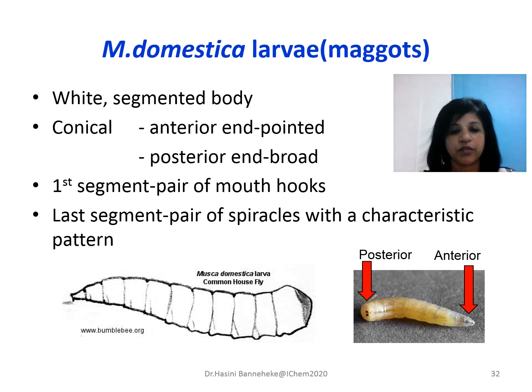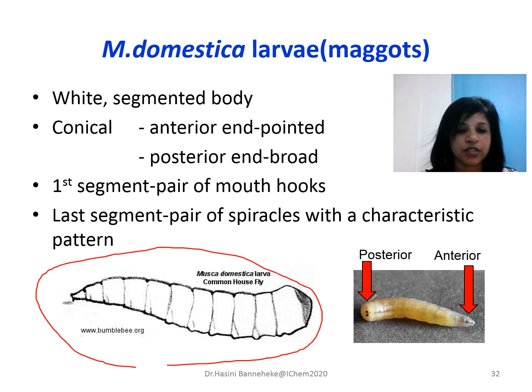Now, this is the diagrammatic representation of the larval stage. This is the real appearance of the larvae. You can see it has a posterior end and an anterior end. This structure is conical, so the pointy one is the anterior end.